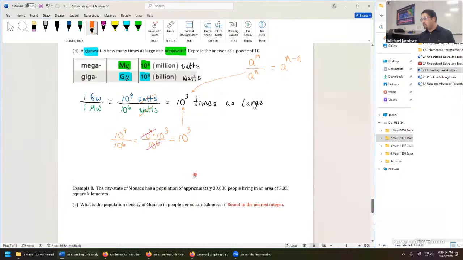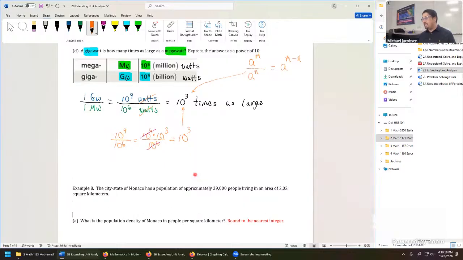To even get started on this question, it's probably a good idea to define density in the first place. So here's our quick definition. We can say density, to stand for the population density, is going to be people divided by area.